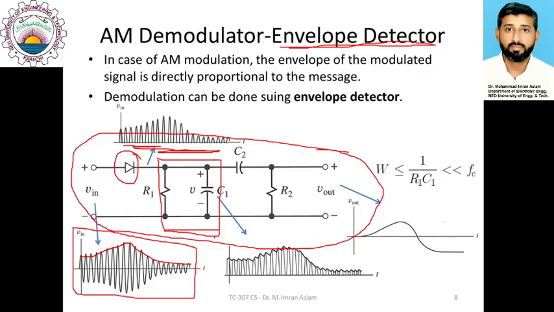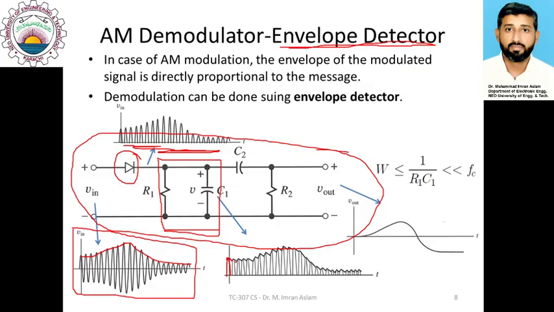So once this entire signal passes through this RC combination, let's say the first cycle appears, it will charge the capacitor. As the cycle goes down, the capacitor would start discharging. So you would see this minor variation here.